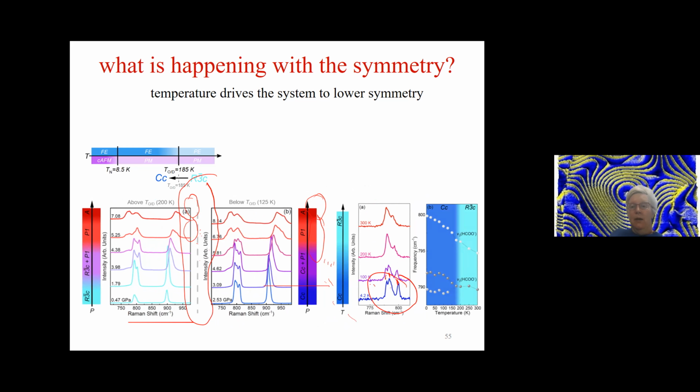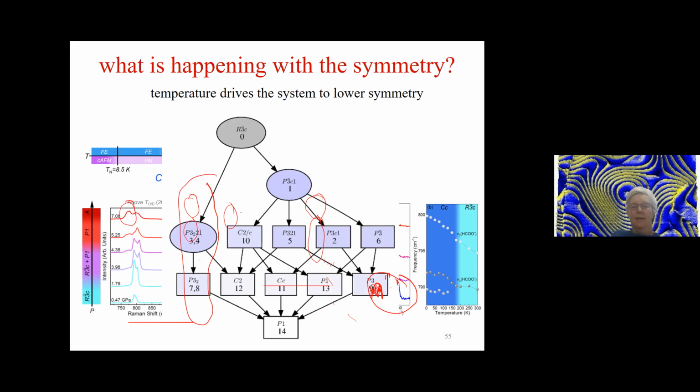Here is Cc, but the Cc phase does not have this extra feature that I pointed out to you here and here in the pressure effects. So we can conclude then that it has to be a lower symmetry phase. So if we have a look at the symmetry subgroups of R3̄c, now here are our starting positions.